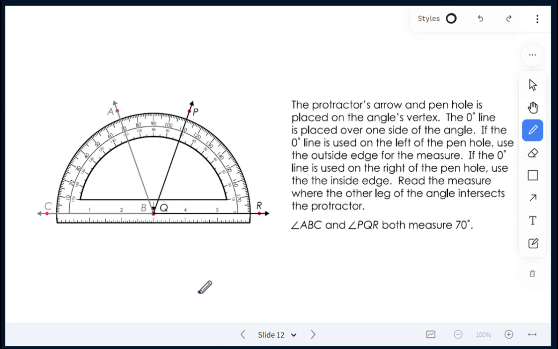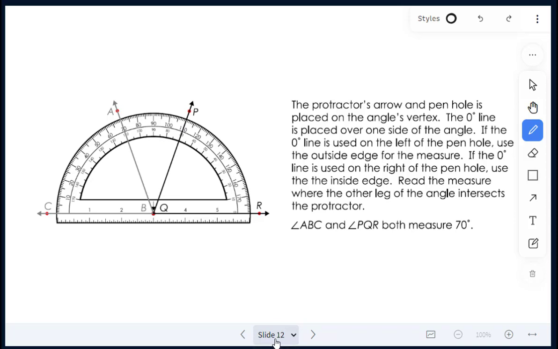If the 0 degree line is used on the right-hand side, on this side, then we're going to use the inside edge. Okay, so keep that in mind. Also, you know 90 degrees is here, and if it's less than 90 degrees, then you can make sense of which edge to use.